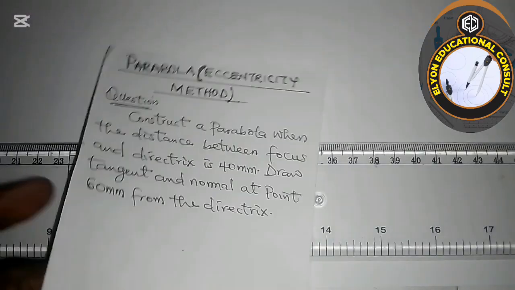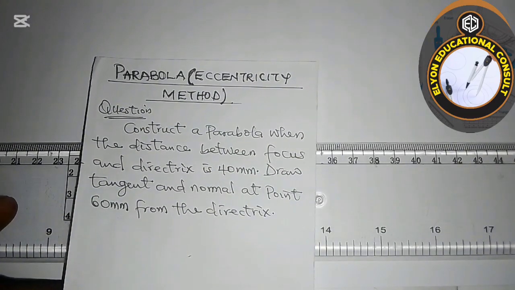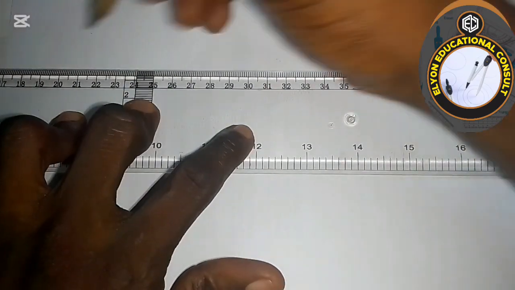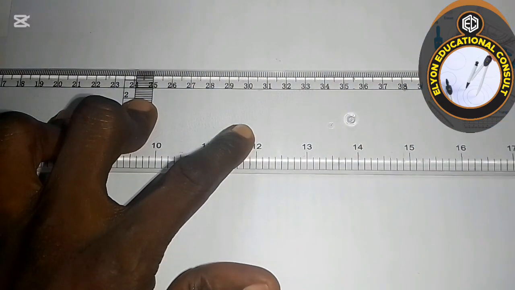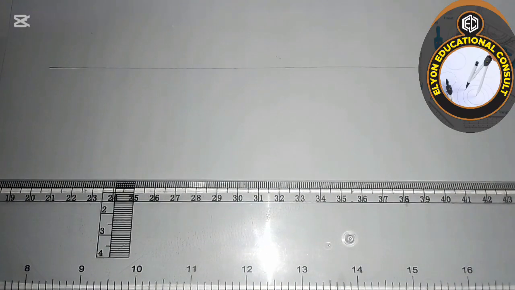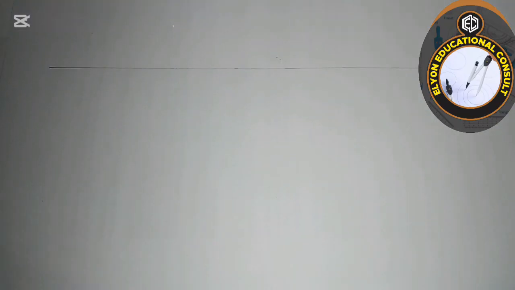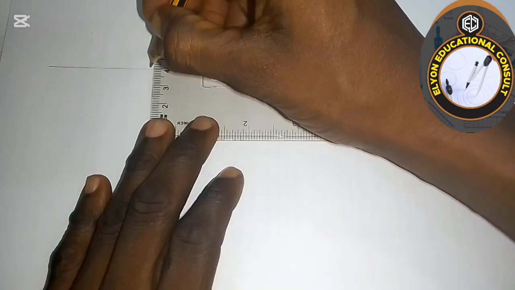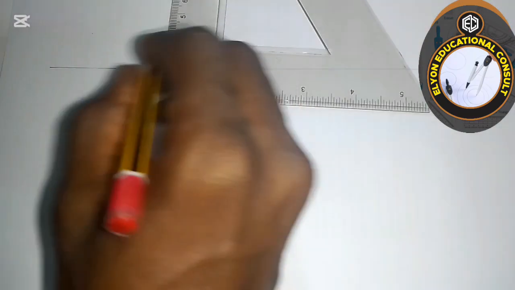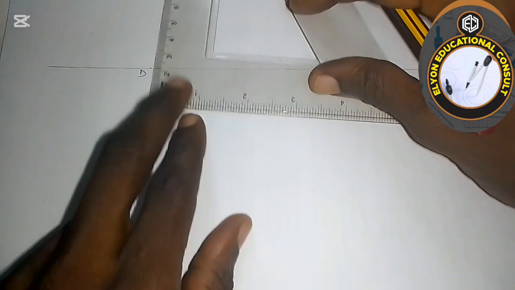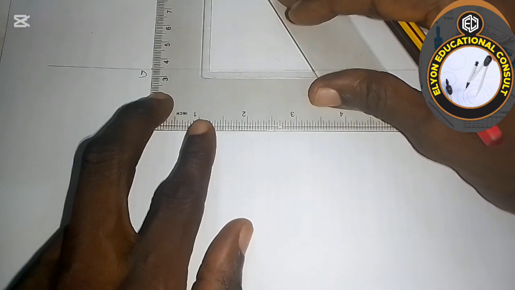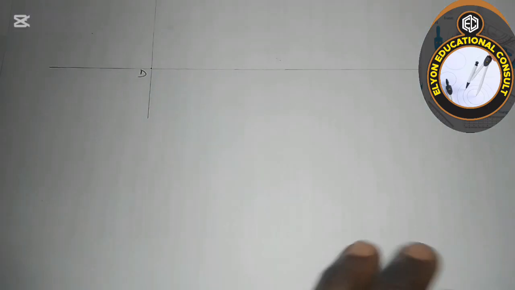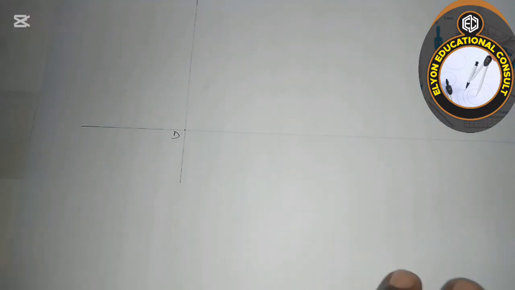So let's quickly dive into the construction of this parabola. The first thing we do is draw a horizontal line this way. Then we draw a vertical line at any point D on the horizontal line, which will represent our directrix, with a thin line.